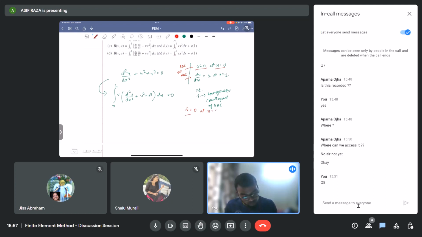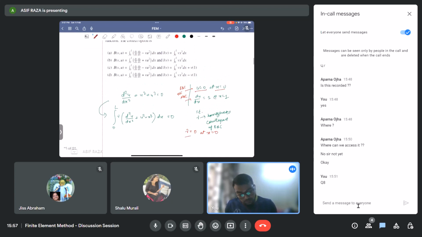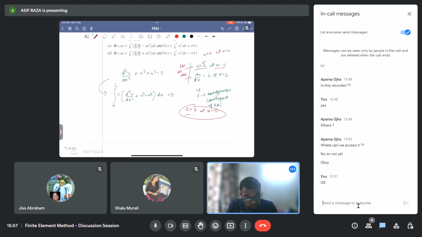There could also have been a question like u equal to 1 at x equal to 0. Even then we have to write the boundary condition for this weight function as 0. That's why it's called the homogeneous counterpart of the essential boundary condition.